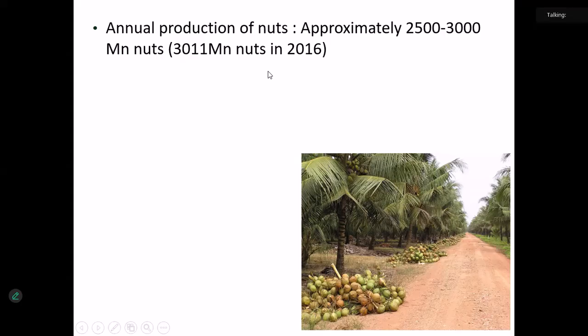The maximum in the recent past was in 2016, 3,001 million nuts. Even in 2024, the figures are the same. So if someone asks what our annual nut production is, it is between 2,500 and 3,000 million.